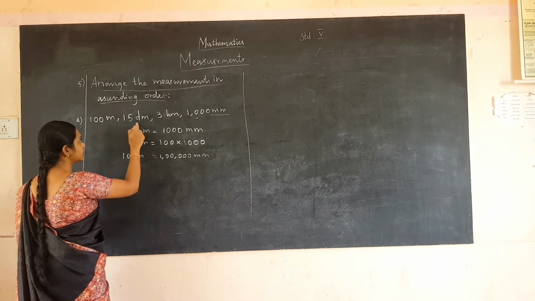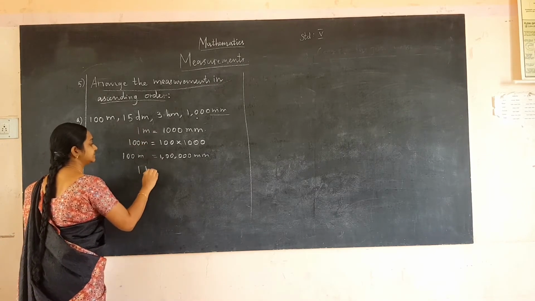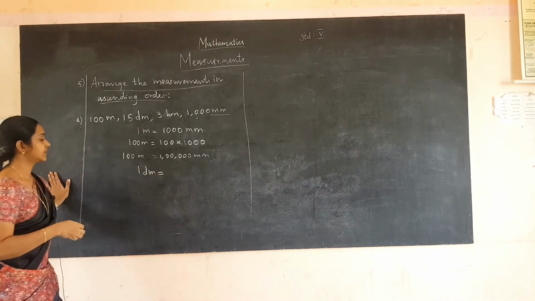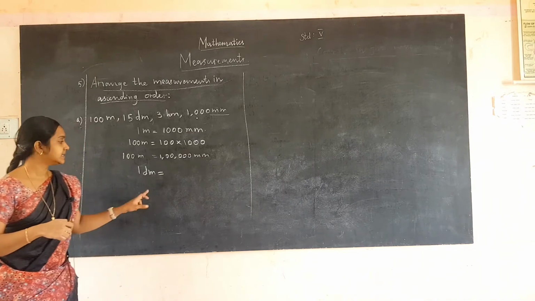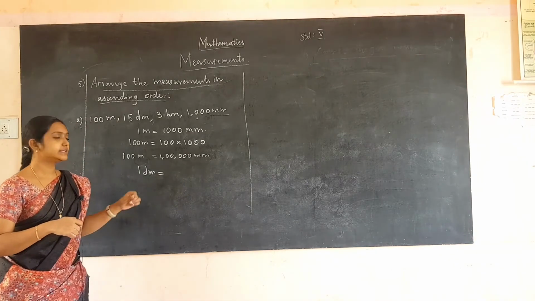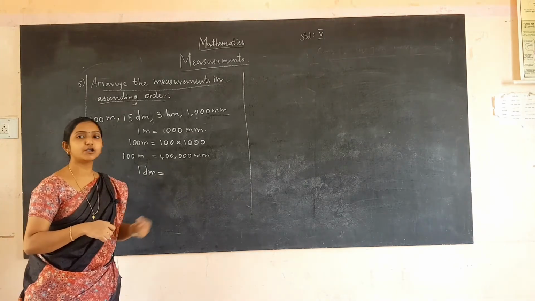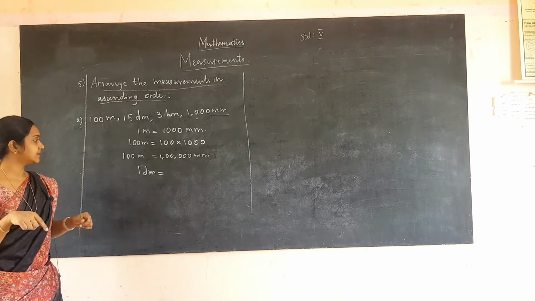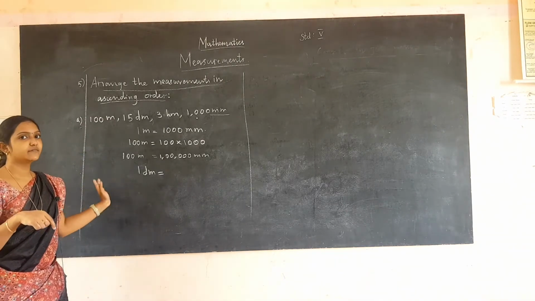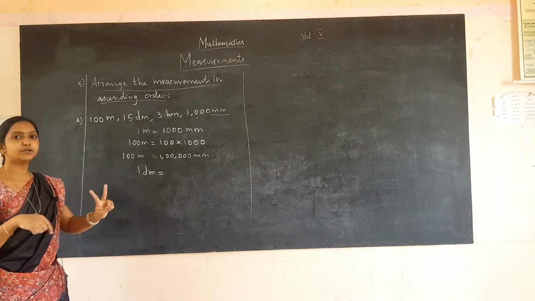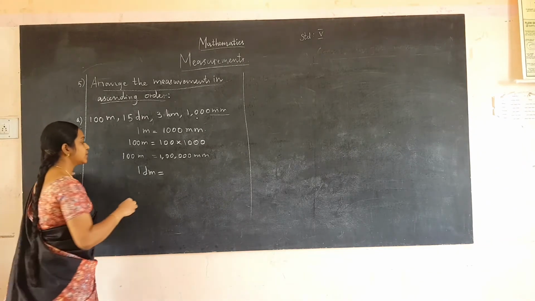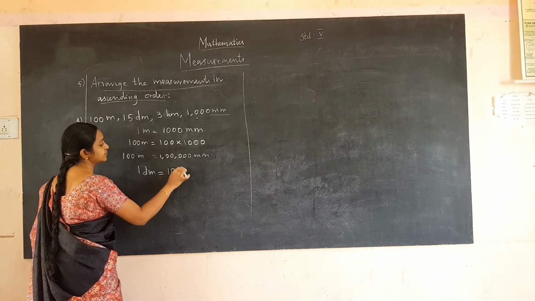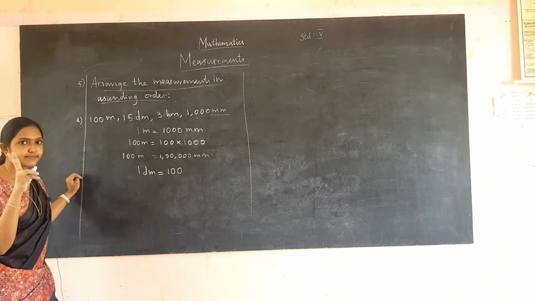Next I am going to convert decimeter to millimeter. Decimeter to millimeter means it is from larger unit to smaller unit, so we have to multiply. Count how many places we have to move. It will be 2. You look at the table in your book, it will be 2 places. So we have to multiply it by 100. 2 places means 2 zeros.